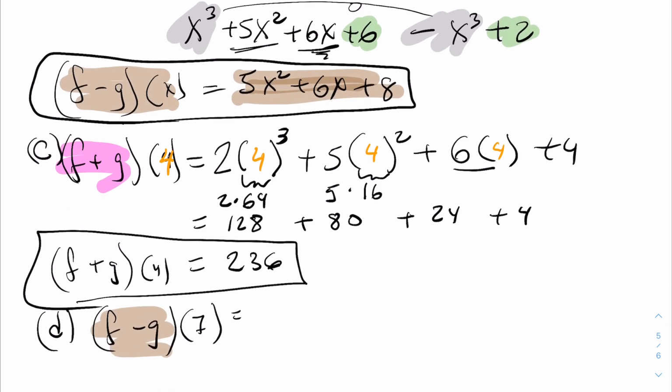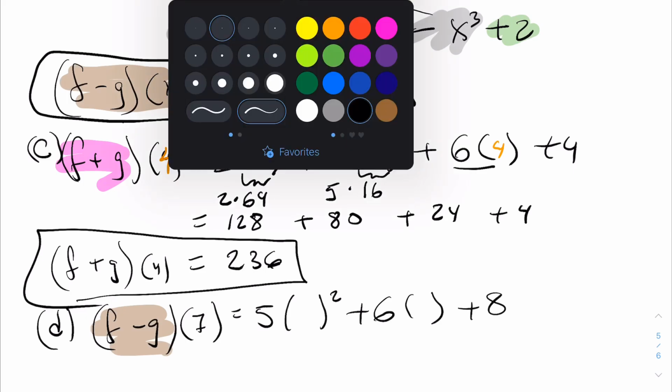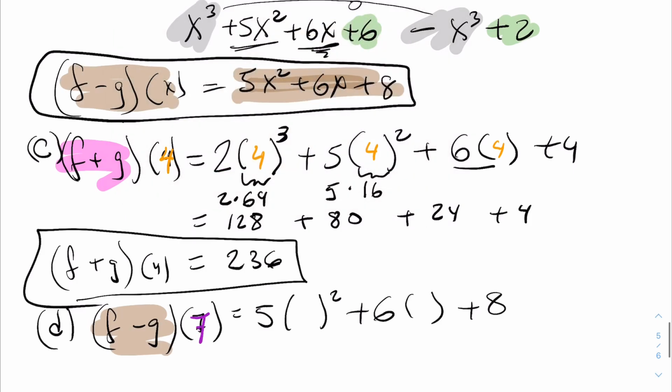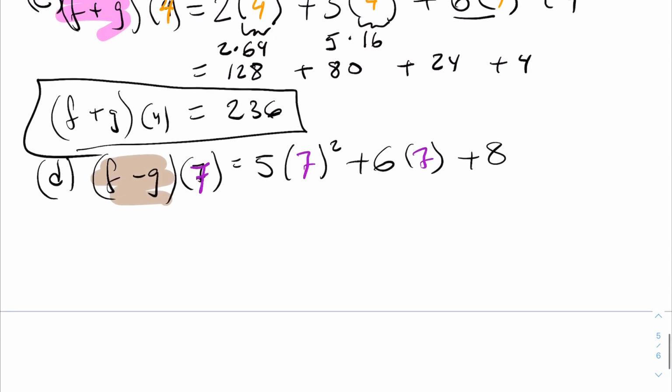F minus g function just says the rule is 5 times x squared plus 6 times x plus 8. So now we have to input the value. And what's the value that we're inputting for x? A 7. And now we just evaluate this, right? 7 squared is 49.